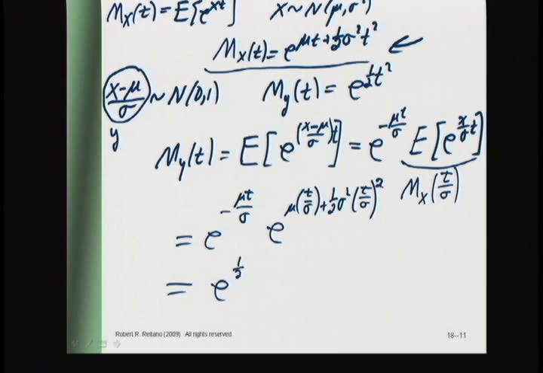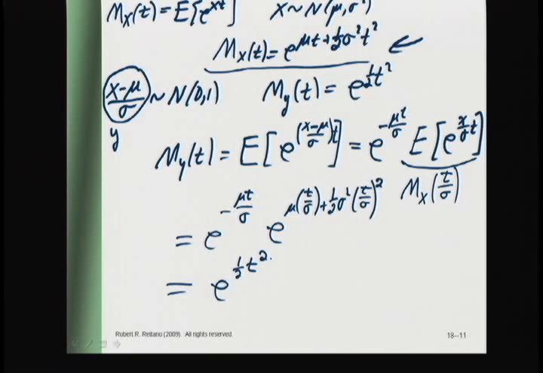There's a square there that I missed, sorry. E to the 1/2 t squared. Just a little bit of algebra, and you just need to carefully follow it through. But what we saw is that if x is normal with the appropriate mean and variance, then this transformed x, x minus mu over sigma, in fact has the moment generating function of the standard normal.